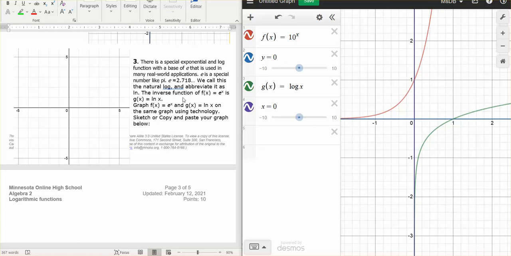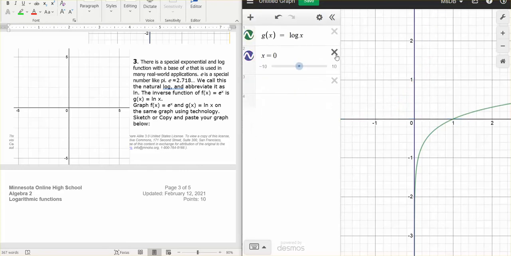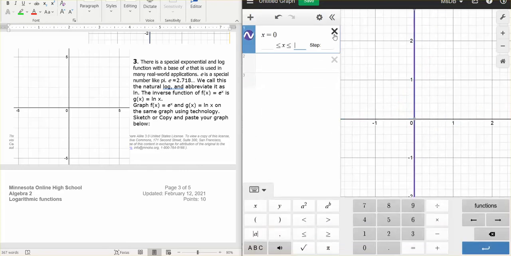The inverse function of f of x equals e to the x power, and the inverse of that is natural log of x. So I'm going to erase these. We're going to graph the natural log function on the same coordinate system, just like you did before.